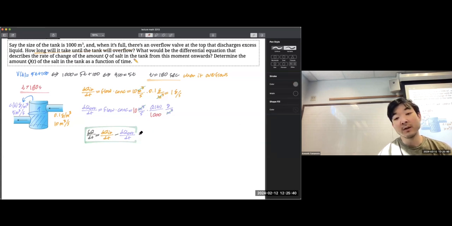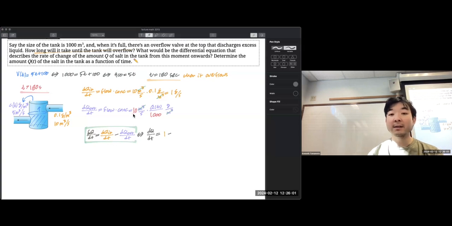So the differential equation ends up becoming dq over dt is equal to 1, because it's going to be this right here, and then minus this 10 and this 1000, which divides out to 1 over 100, times q.